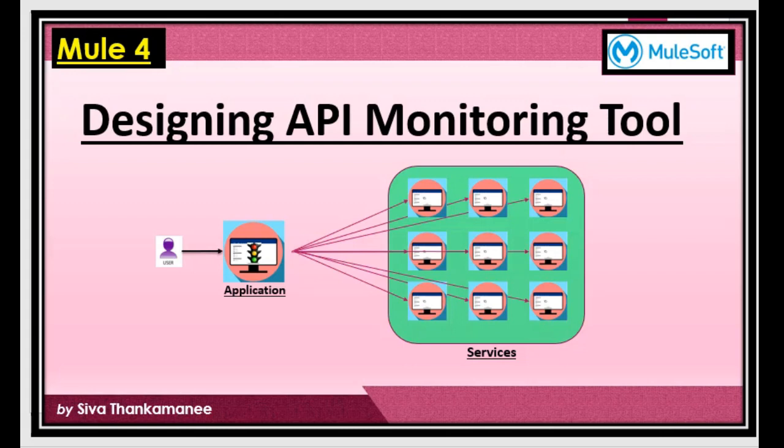Now, there is something important and critical that you need to note down when you are preparing such an API monitoring tool. It's very easy. It doesn't take more than 10 minutes. You can prepare it, but you need to take care on how you are going to deploy this. If there are no monitoring tools available, you will go and physically see if the API is running fine or services are running fine or not.